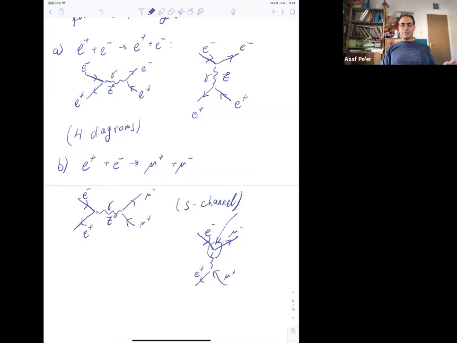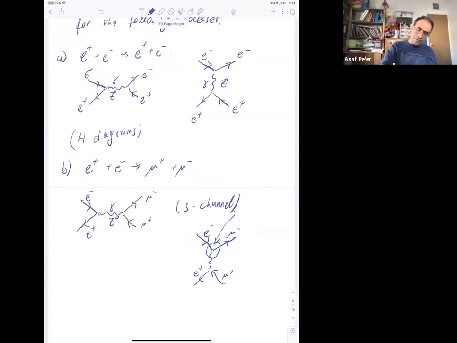Now, I don't have any particles that can take away one generation and produce another generation. There is one exception, which is the W bosons, because these are the only ones that allow flavor exchange. But if I were to draw something like that, I'd have to have a vertex that somehow transfers the leptonic generation, the e to a mu, and that is not allowed. I don't have anything like that.